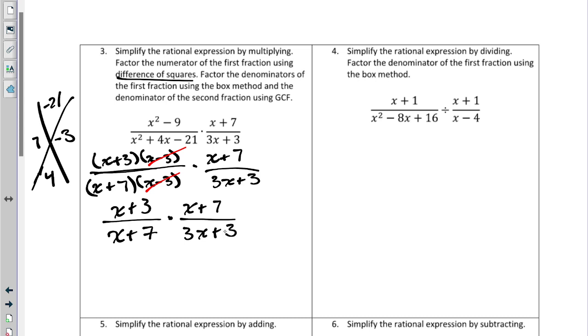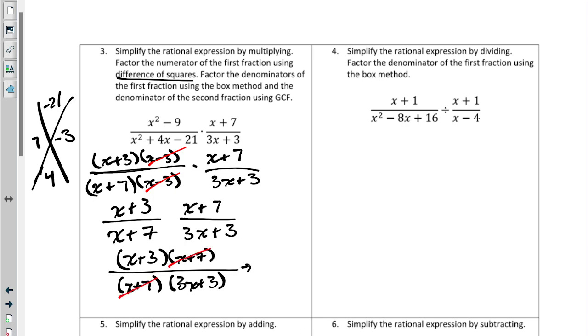And when I multiply fractions, all I have to do is multiply top to top, bottom to bottom, which means this becomes this big fraction: x plus 3 times x plus 7 over x plus 7 times 3x plus 3. Already I can see something else that cancels, this and this, which means this is x plus 3 over 3x plus 3.